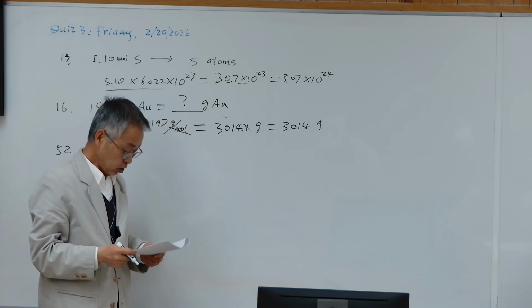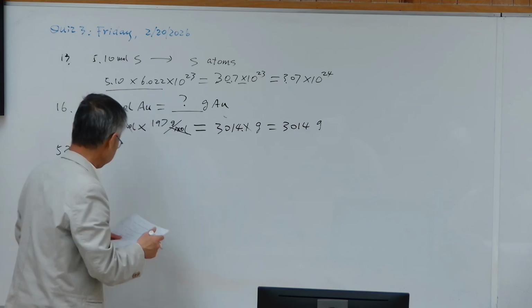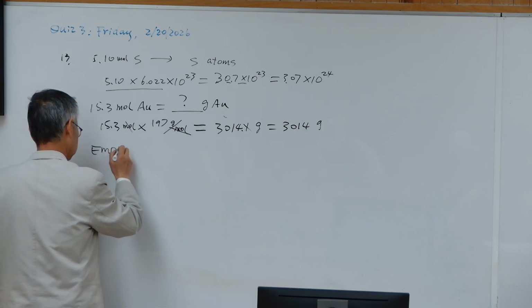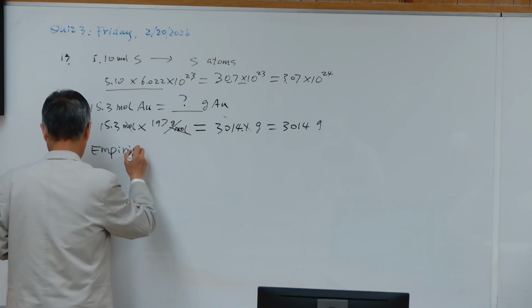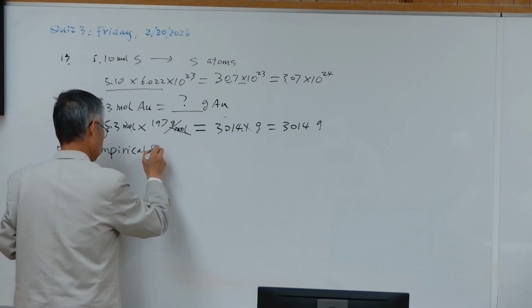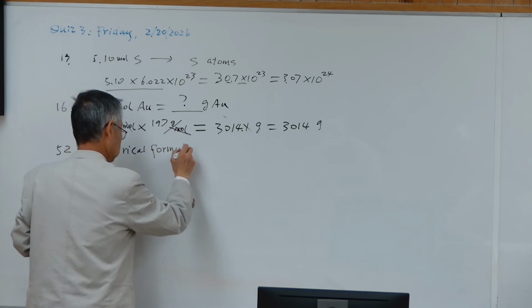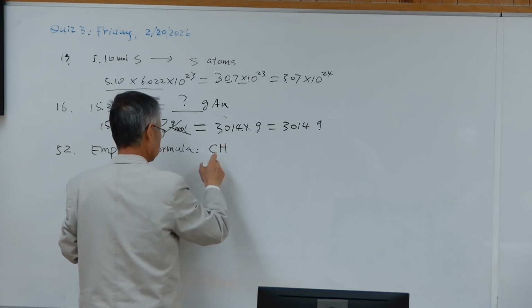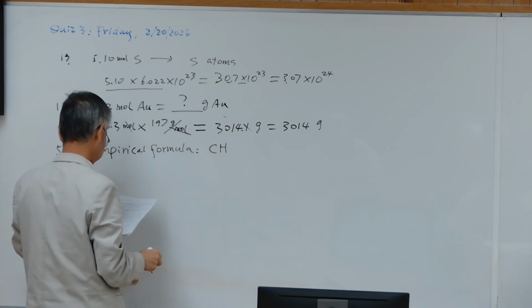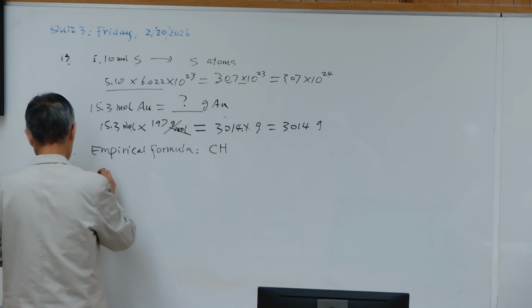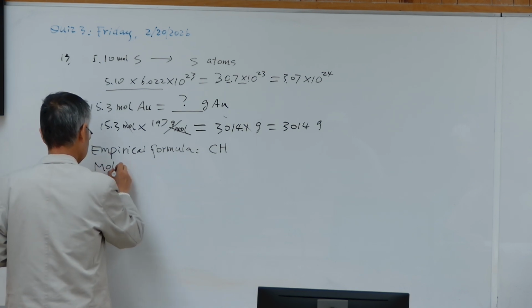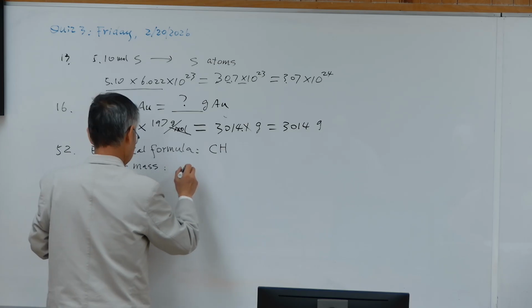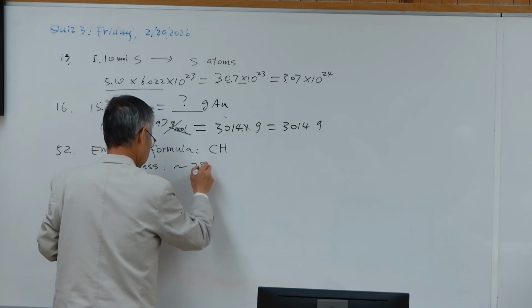Number 52. Here the empirical formula is CH, C1H1, and they tell you the molar mass of this compound is about 78.